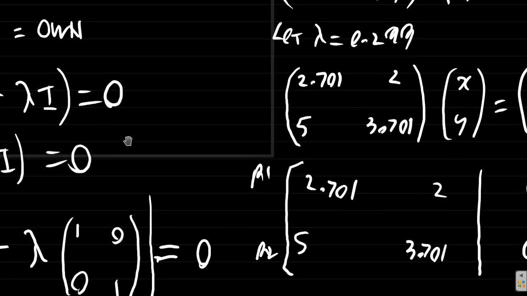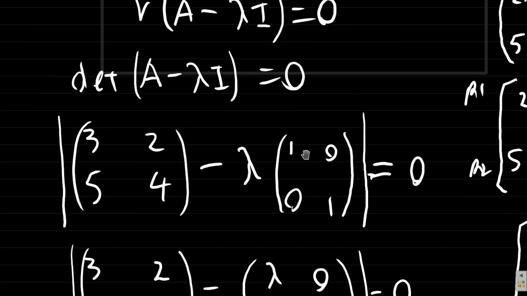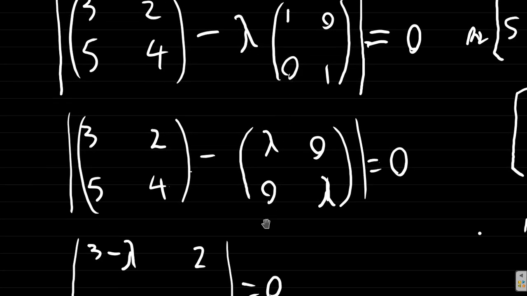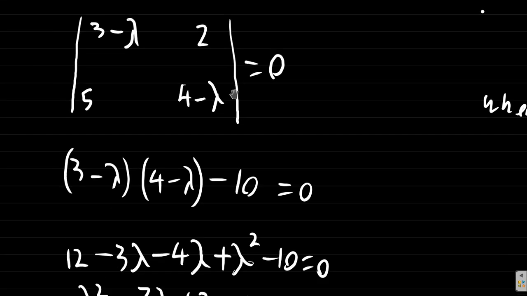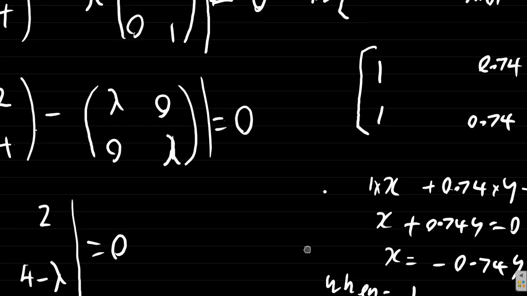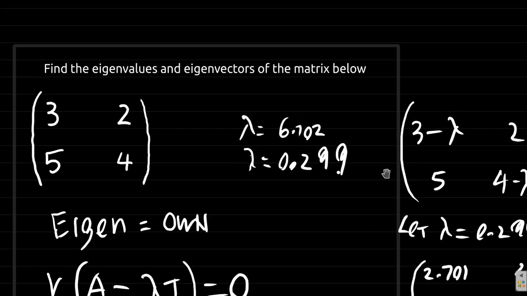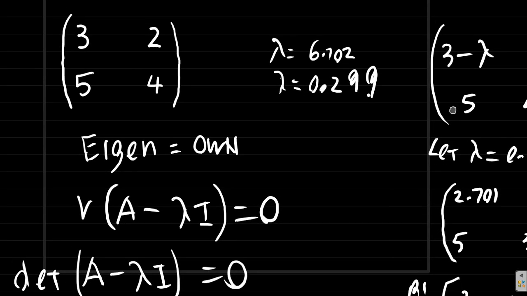So here now, as we said, the eigenvalues minus the eigenvectors. We find the determinant of this. We get 0 as the determinant. And here we have the two eigenvalues for 3, 2, 5, 4.